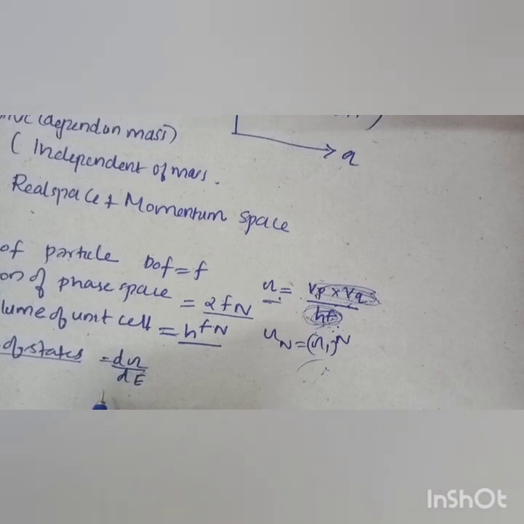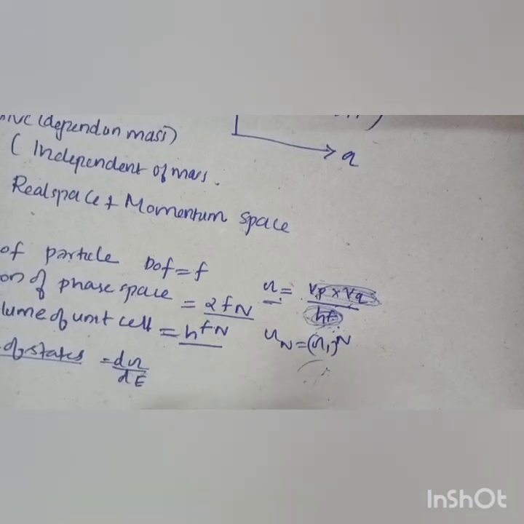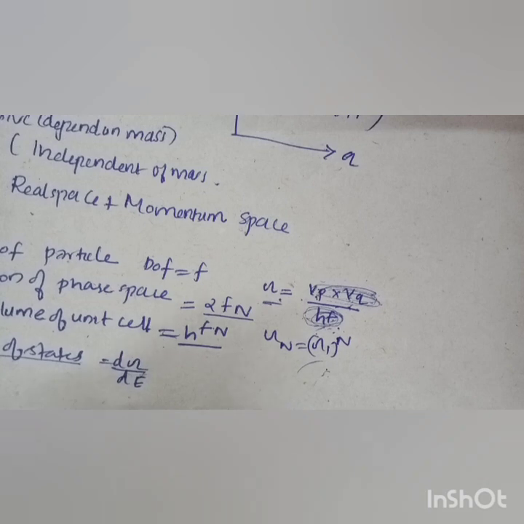We can consider one dimensional, two dimensional and three dimensional cases, and in each you can consider the non-relativistic and relativistic cases. For that you get the density of states.